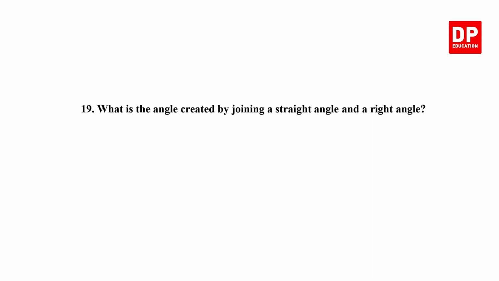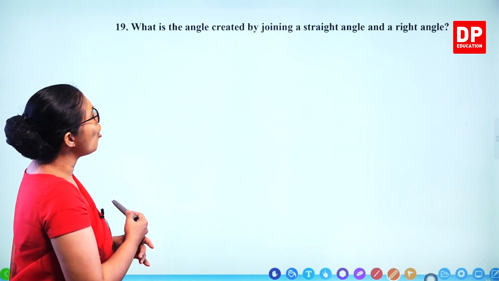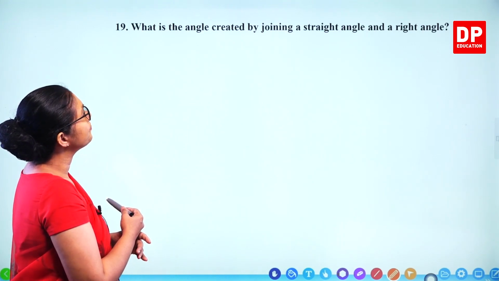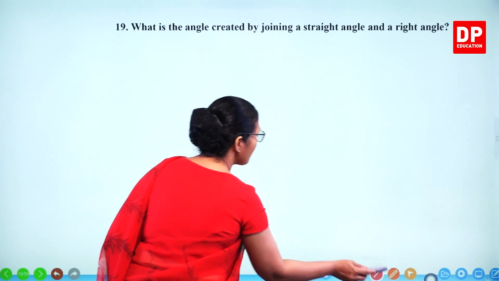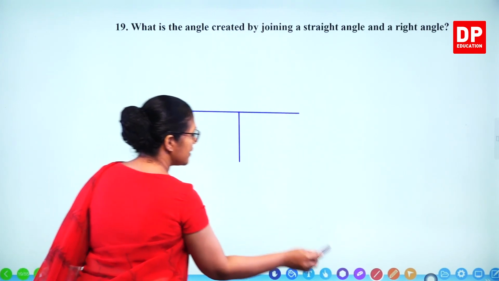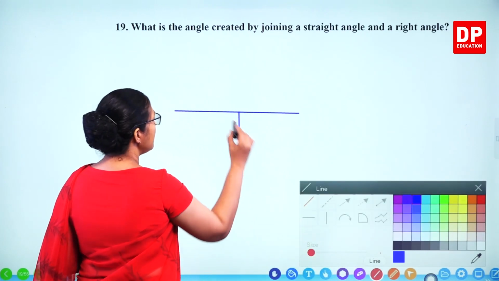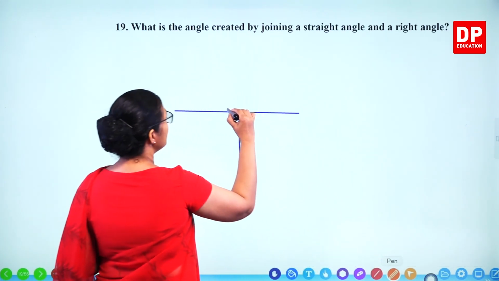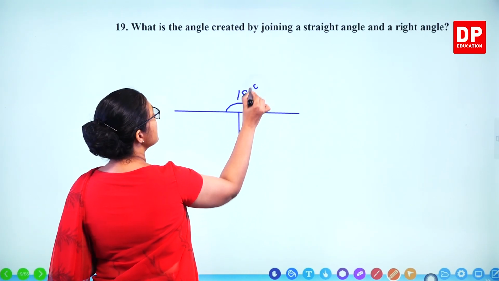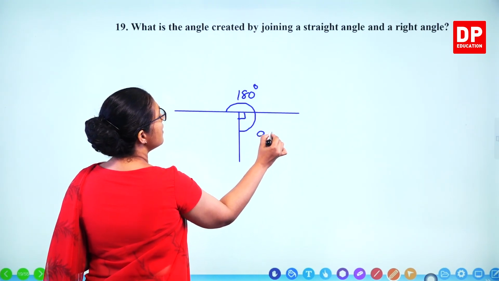Question number 19. What is the angle created by joining a straight angle and a right angle? What's the angle? Straight angle and another 90 angle. So they're asking about this whole thing. 180 is straight. 90 means right angle.